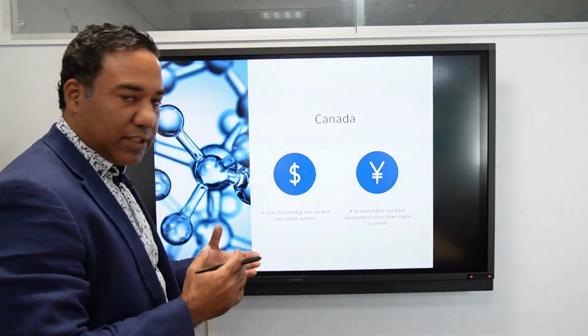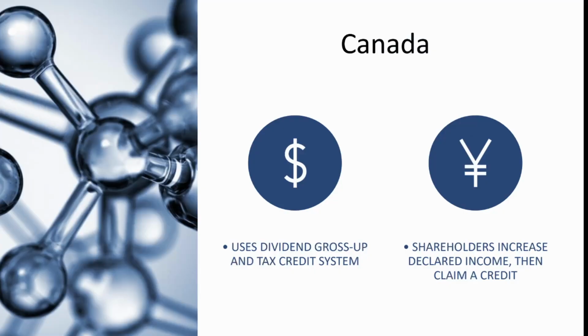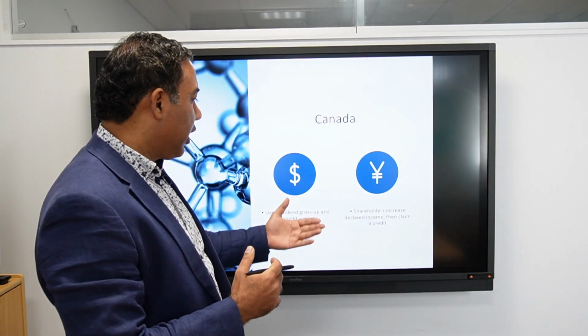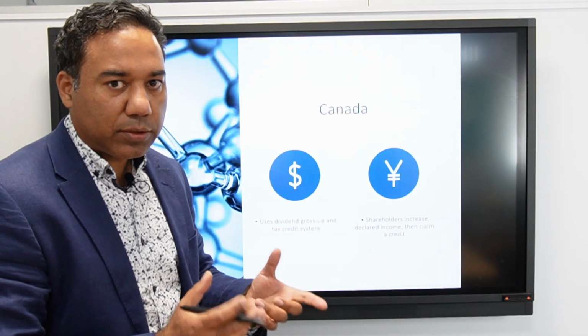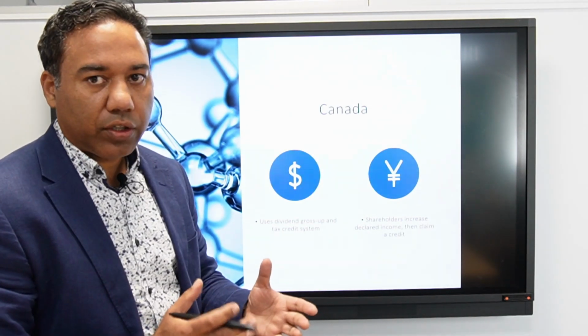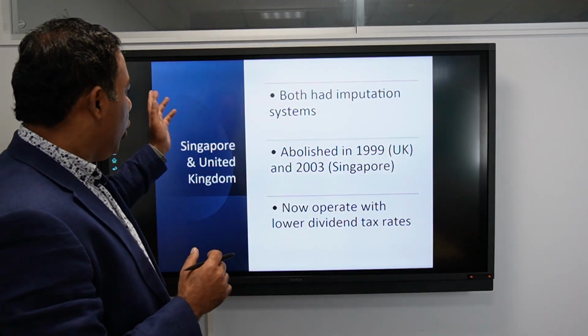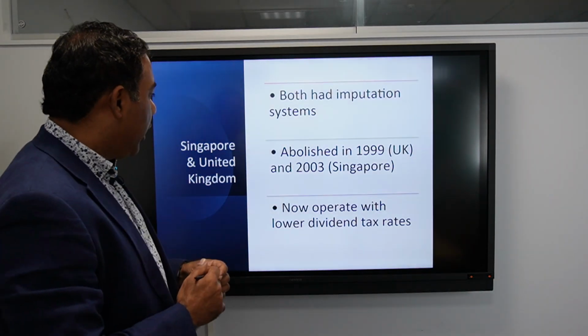They have a very similar system, but they call it the dividend gross up and tax credit system. Shareholders increase their declared income, then claim a credit, which is very similar to what we have in New Zealand and Australia. Now compare this to Singapore and the United Kingdom.